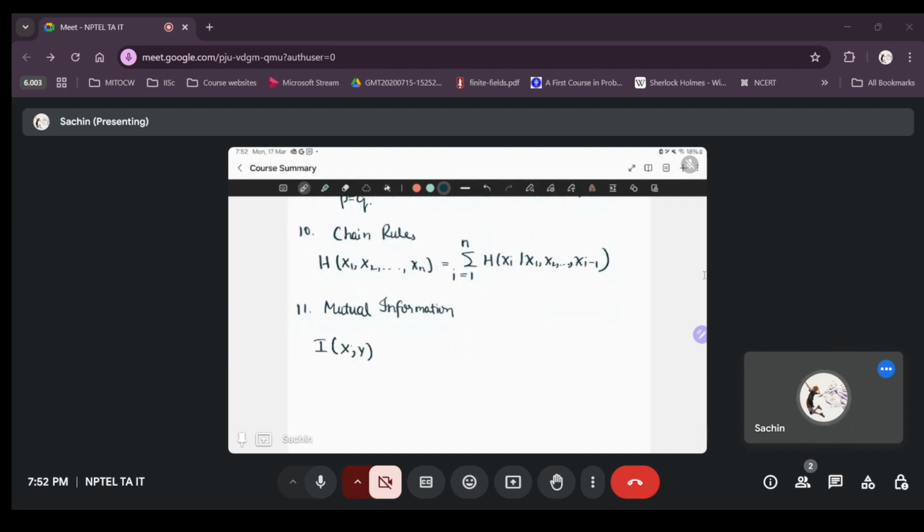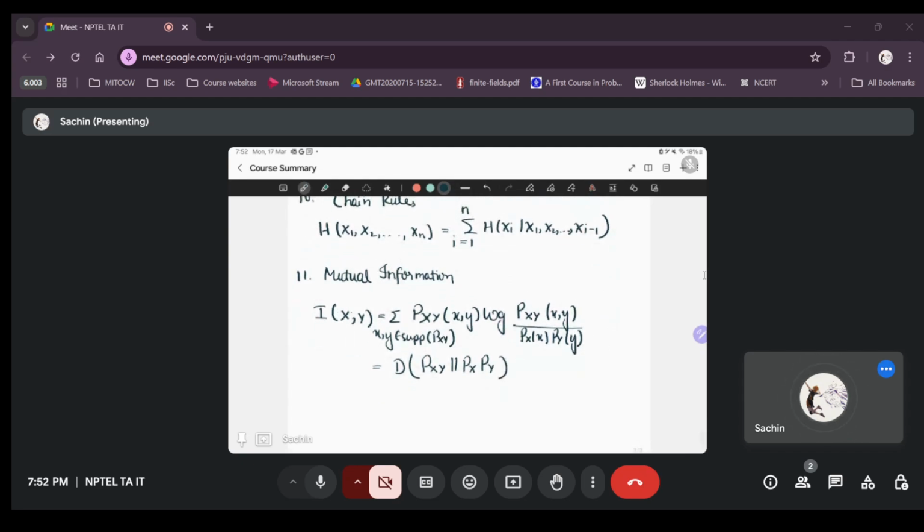I(X;Y) between two random variables X and Y is the summation of p_XY(x,y) log of p_XY(x,y) by p_X(x) p_Y(y), where p_X(x) is the marginal distribution and p_Y(y) is also the marginal distribution of y, and (x,y) are in the support of p_XY, which can be written as D(p_XY parallel p_X p_Y).